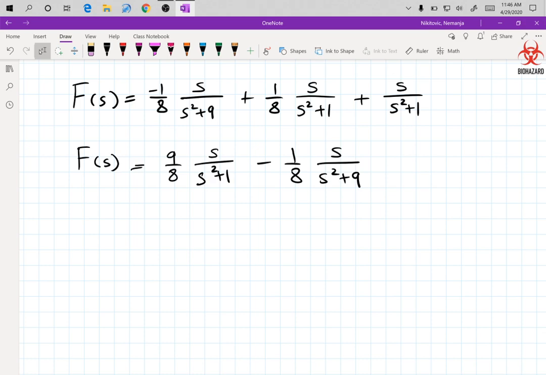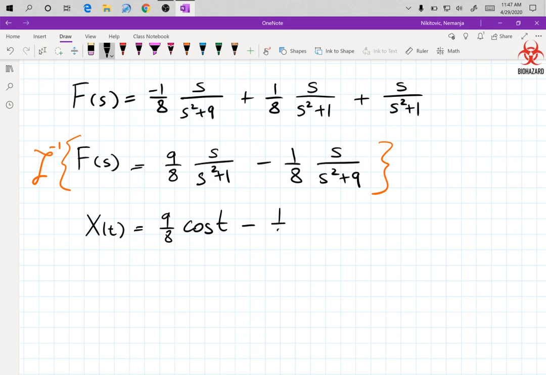And now we use the inverse Laplace. We take the whole expression and hit it with the inverse Laplace. That gives me x of t equals 9 over 8 cosine t minus 1 over 8 cosine 3t.